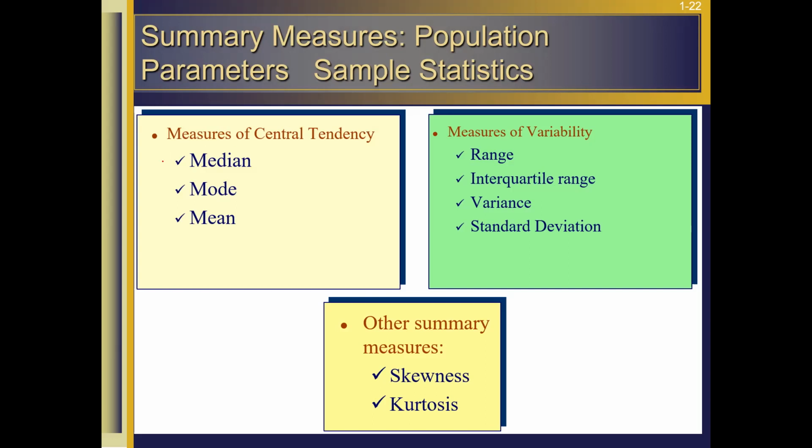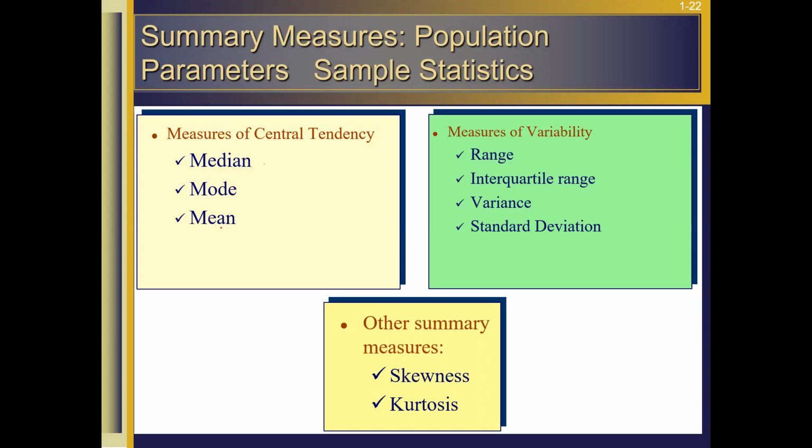So there are three important measures. Median in Sinhala is called Madhyasthaya, mode is called Mathaya, and mean, the average, is called Madhyannaya. There are several others, but the very important ones are median, mode, and mean.